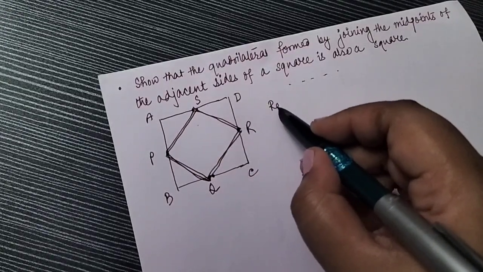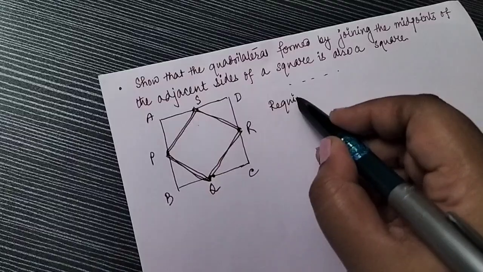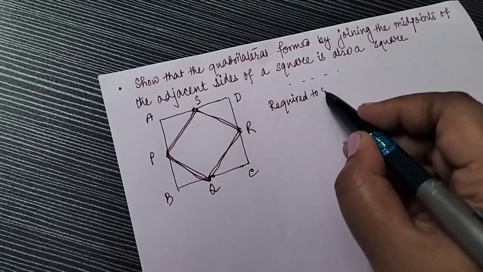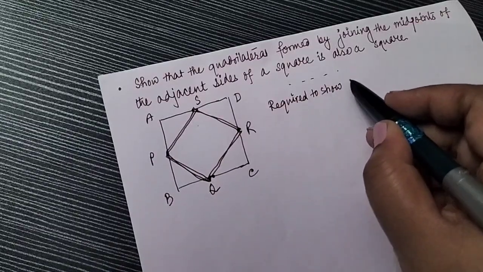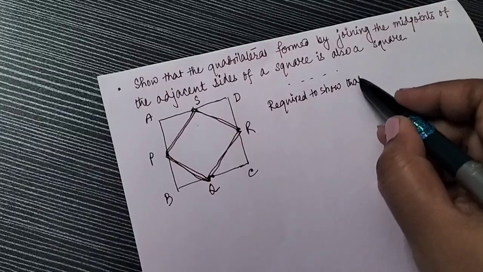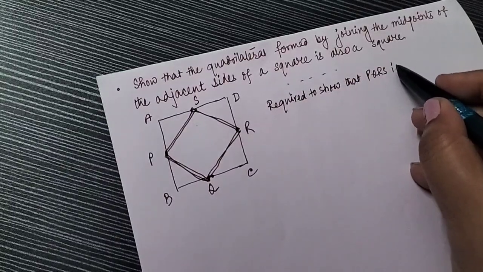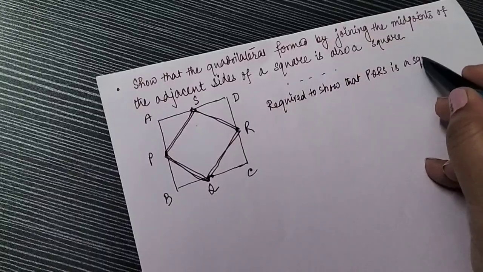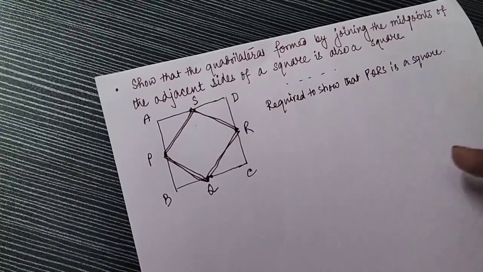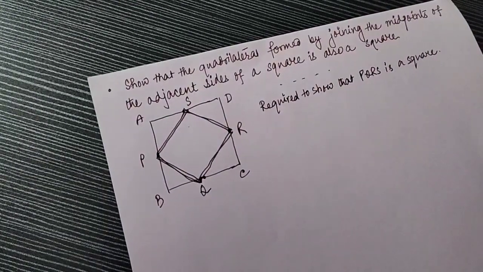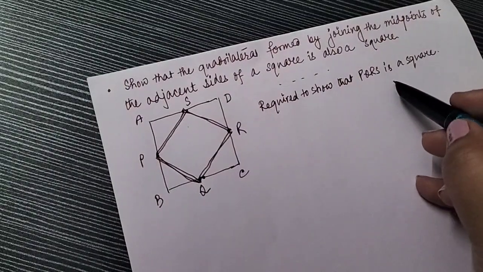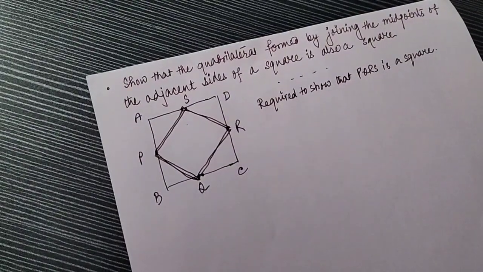Required to show that PQRS is a square. So here we have to show that the quadrilateral PQRS is actually a square.